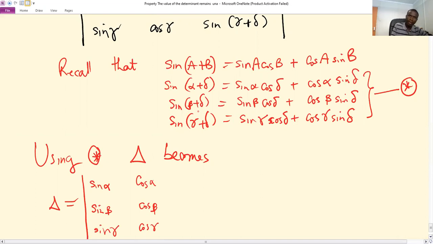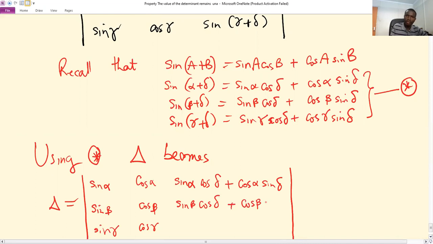Then the third row gives me sine alpha cos delta plus cosine alpha sine delta, sine beta cosine delta plus cosine beta sine delta, and sine gamma cosine delta plus cosine gamma sine delta.